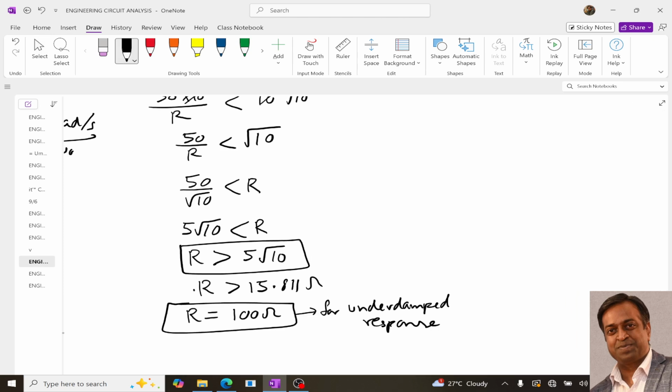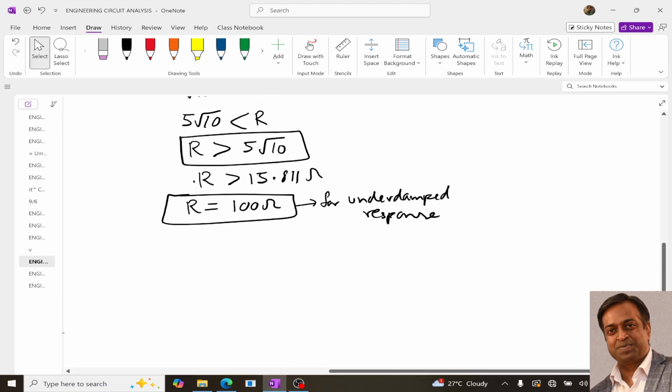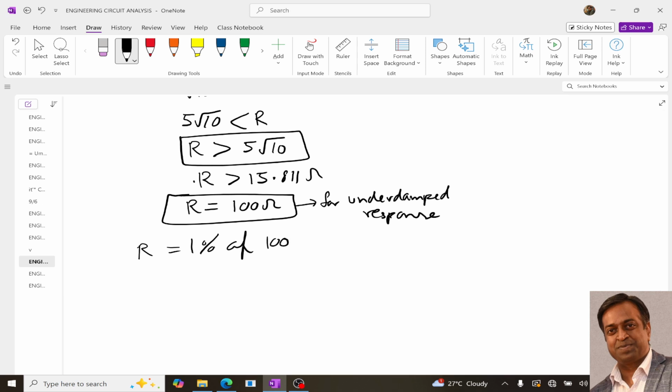Now the question says that we need to consider 1% of this R value. So R is equal to 1% of 100, which is equal to 1 ohm.